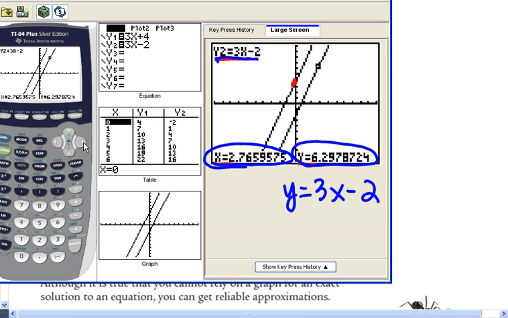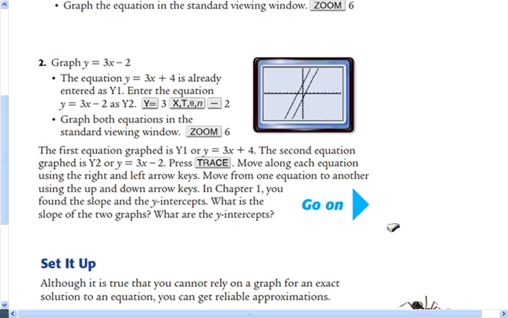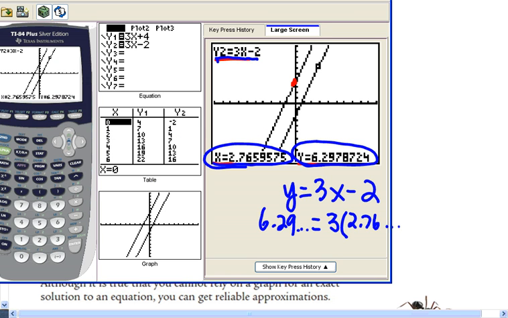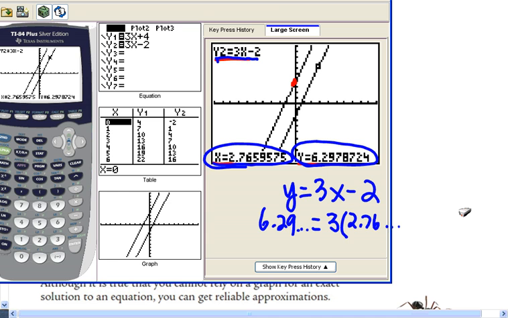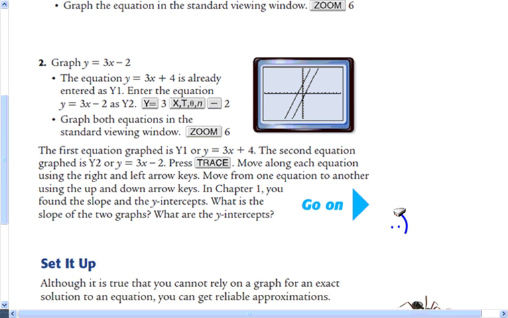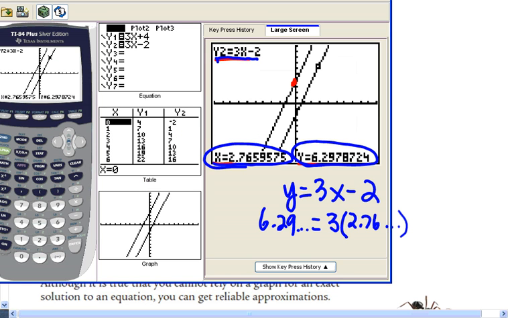So what that means is at this spot, 6.29, and there's a bunch more numbers on there, is equal to 3 times the x value, which is 2.76, and so on. Let's see, 3 times 2.76 minus 2.